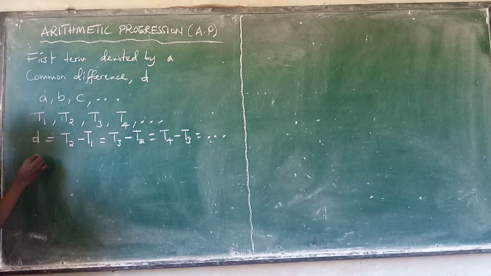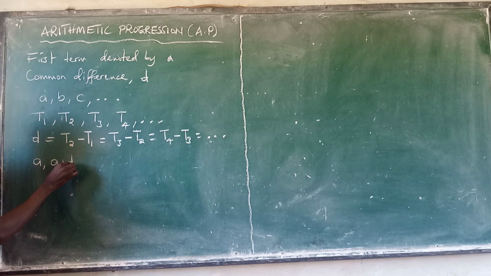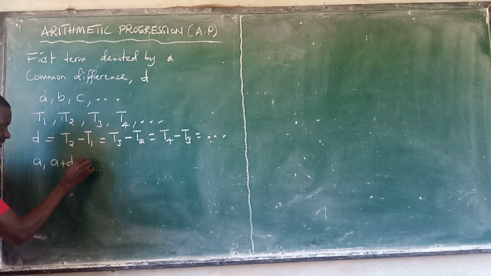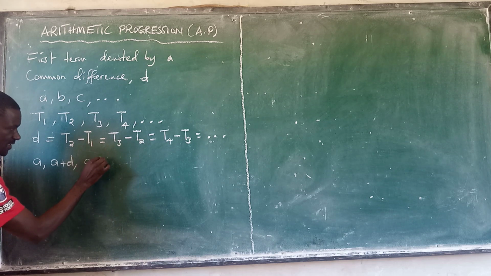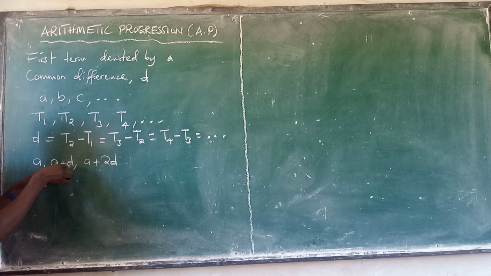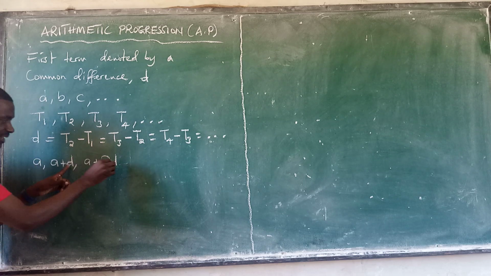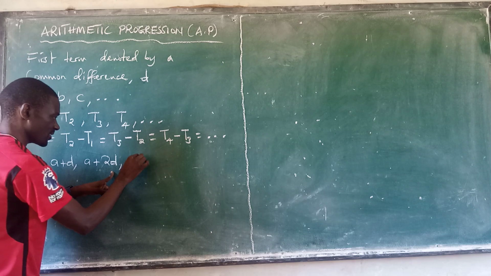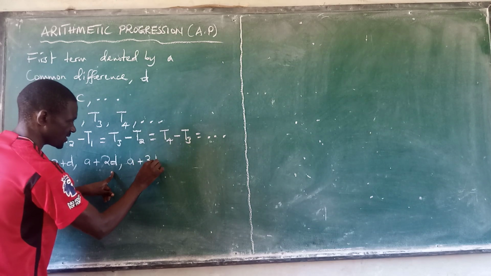So let's say if we have the first term as A, then it simply means the second term will be A plus D. The third term will be A plus D, which is the second term, plus another D. So that simply means it's going to be A plus 2D. Because there is this D, then you add another D. Then the fourth term, A plus 3D.